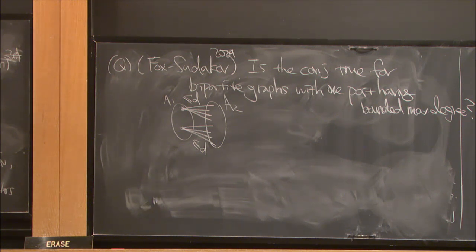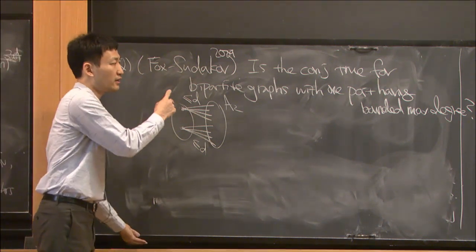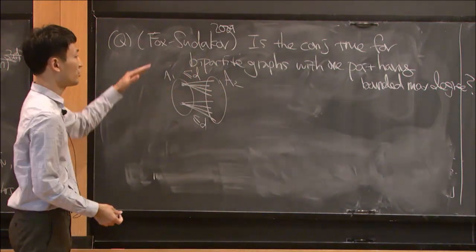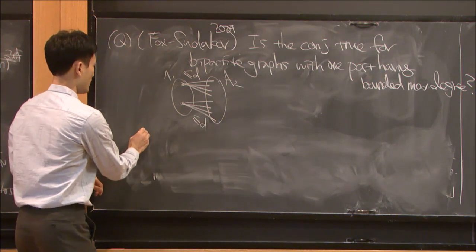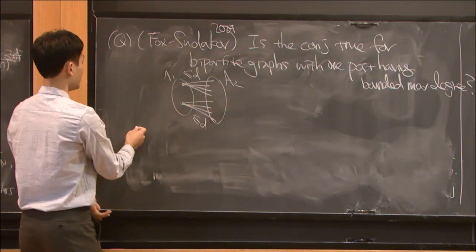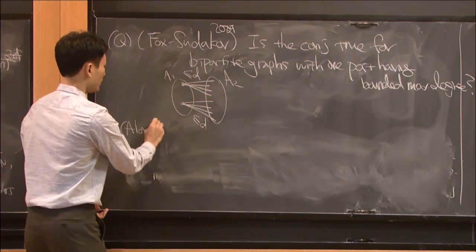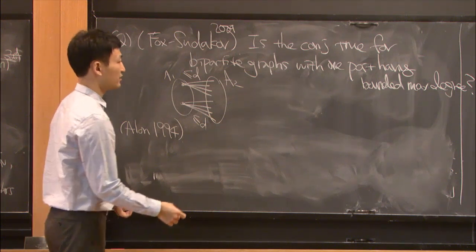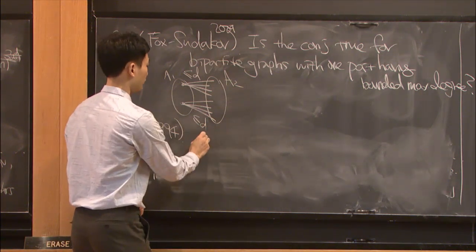And actually, already some partial results were known. If you look at it this way, there are results that can be interpreted as partial results towards this one. The first one was by Noga in that paper about KT subdivisions. His result is actually a general theorem which implies this for D equals 2.